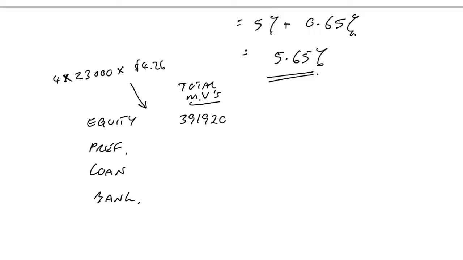What about preference shares? Their nominal value is $1 per share. So from the statement, there are 5,000 of them. Their market value is 56 cents. And so the total market value, 5,000 shares at 56, is 2,800. What about the loan notes? The loan notes, third paragraph, they're trading at 95.45. The nominal value is 100.